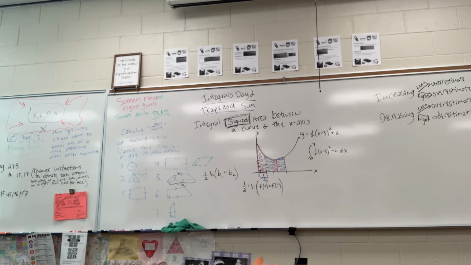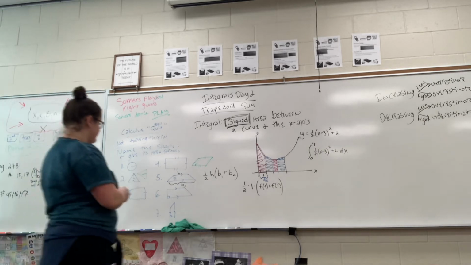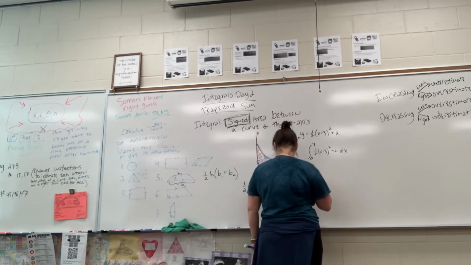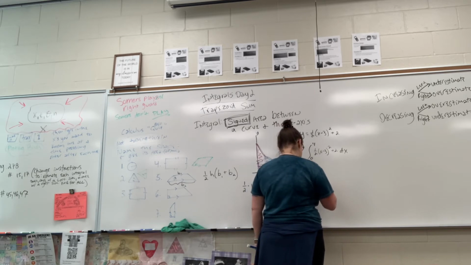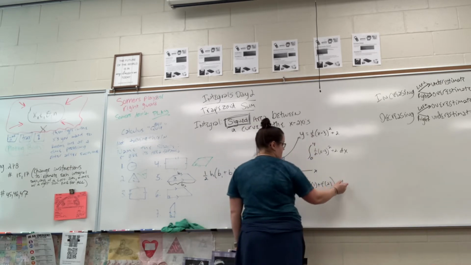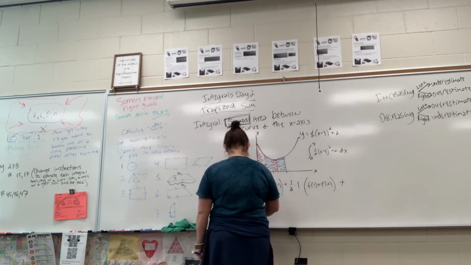Right, and you can do that with dx. If your dx is not 1, you can do 1/2 times 3.5 plus. For this formula, I just need to do 1/2 x minus 3 times negative 1.